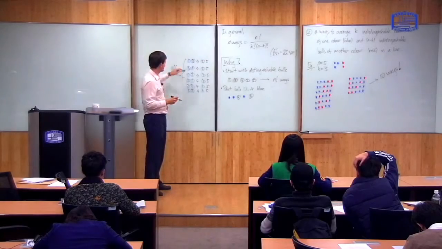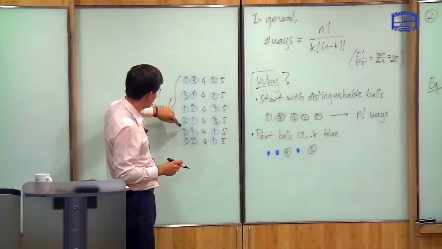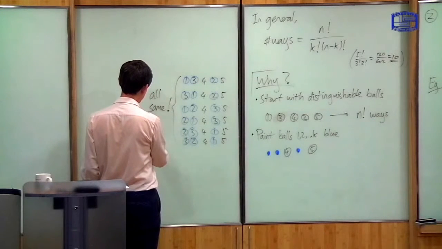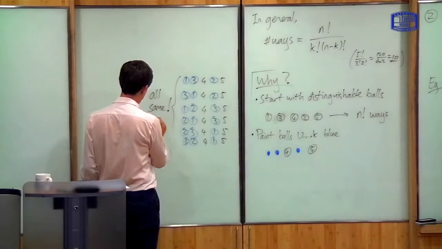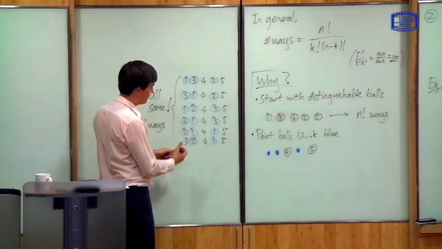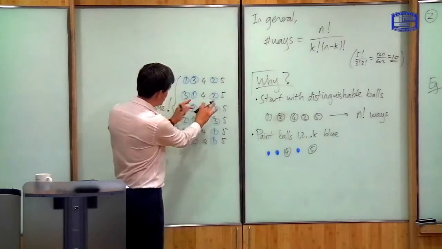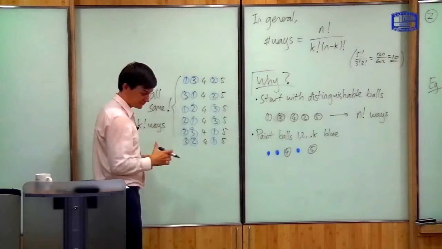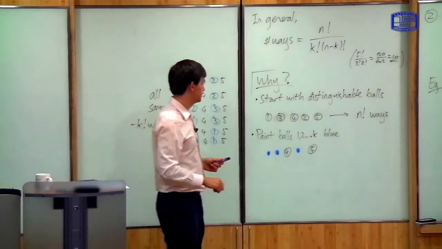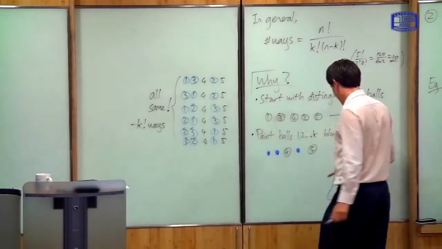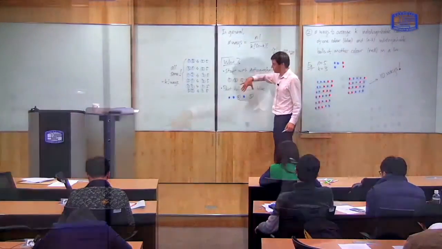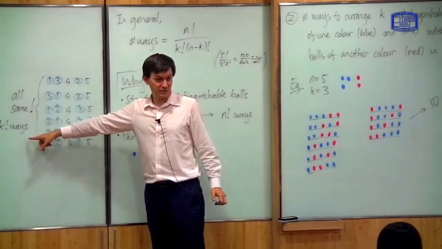Now, how many ways are these? Right? How many ways of different numbers are there? Well, this is k factorial. Right? Because the number of blue balls is k, and I can arrange the blue balls in any way I like. So we started out with n factorial ways, but by coloring balls in blue, we've reduced that number by k factorial.